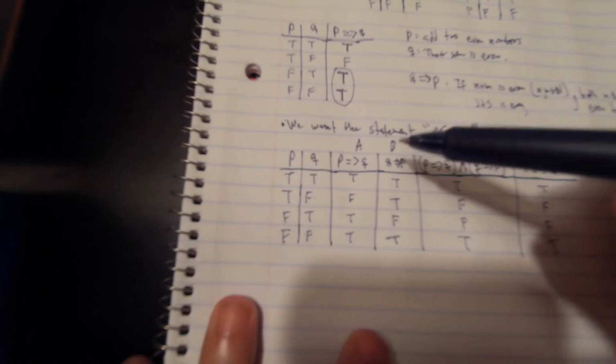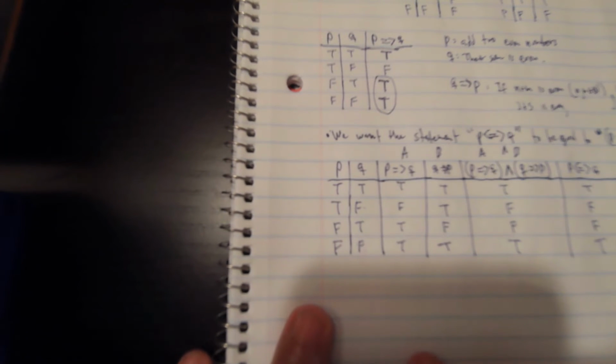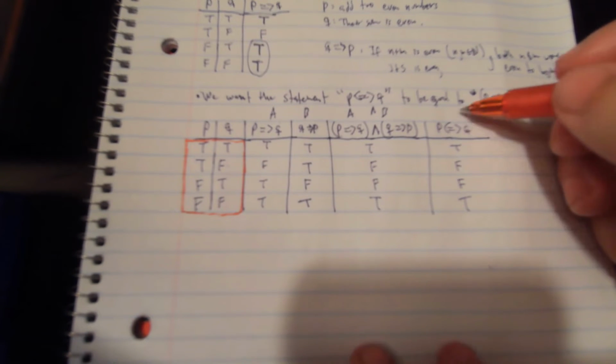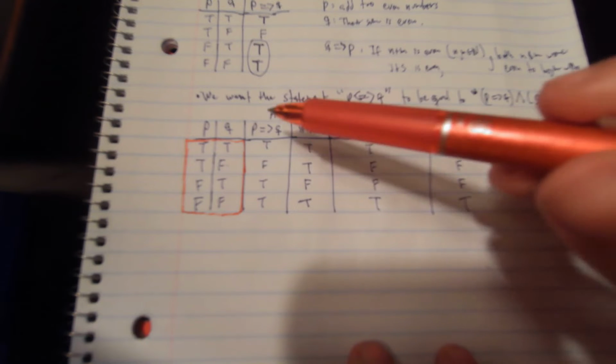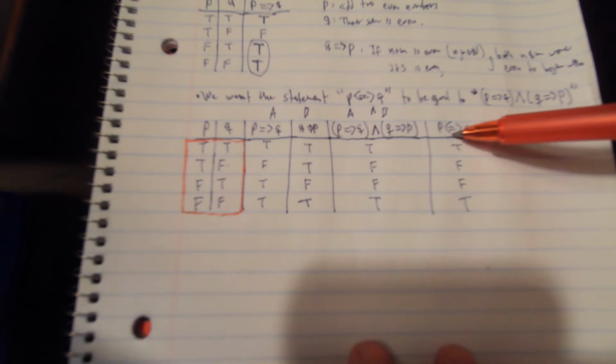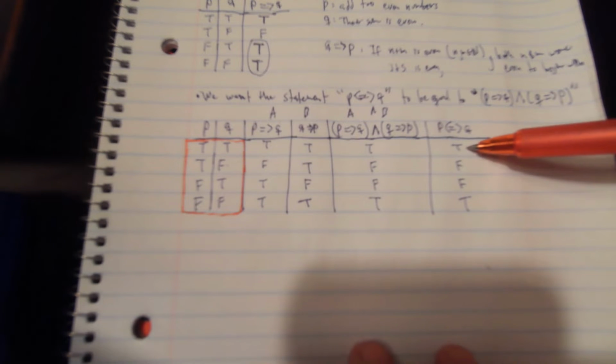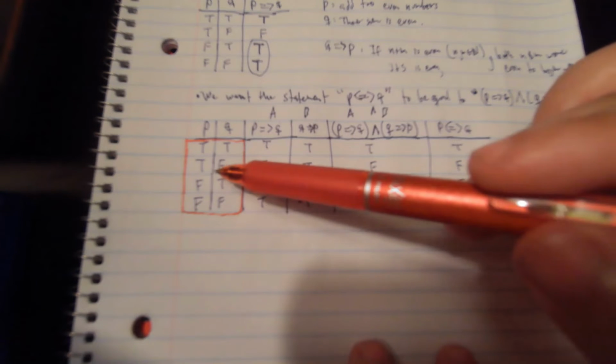So let's look at the original P and Q. The statement P if and only if Q, if both of them are true, then P if and only if Q is true.